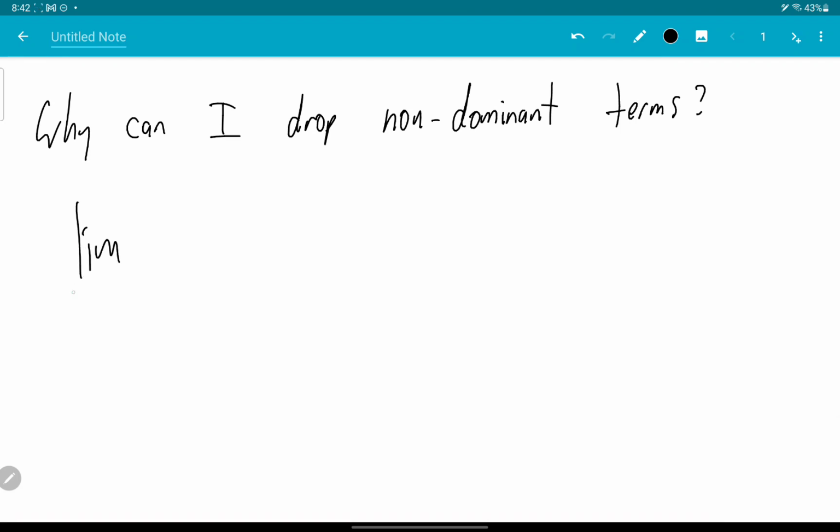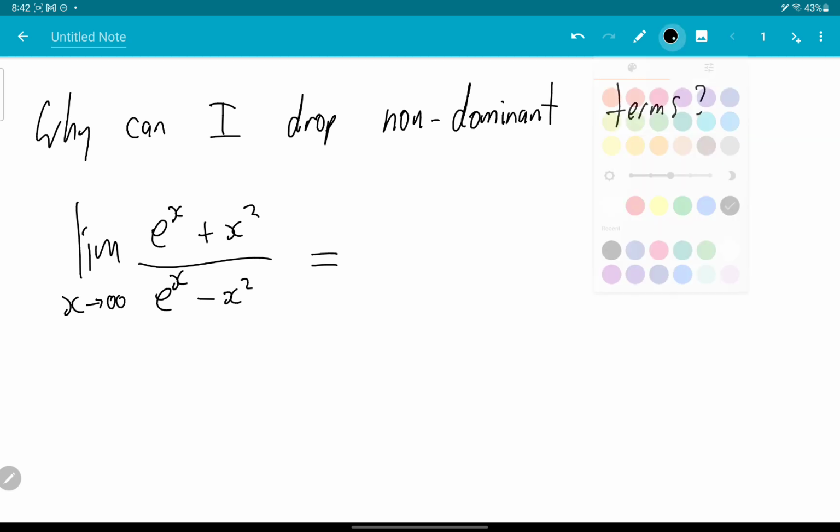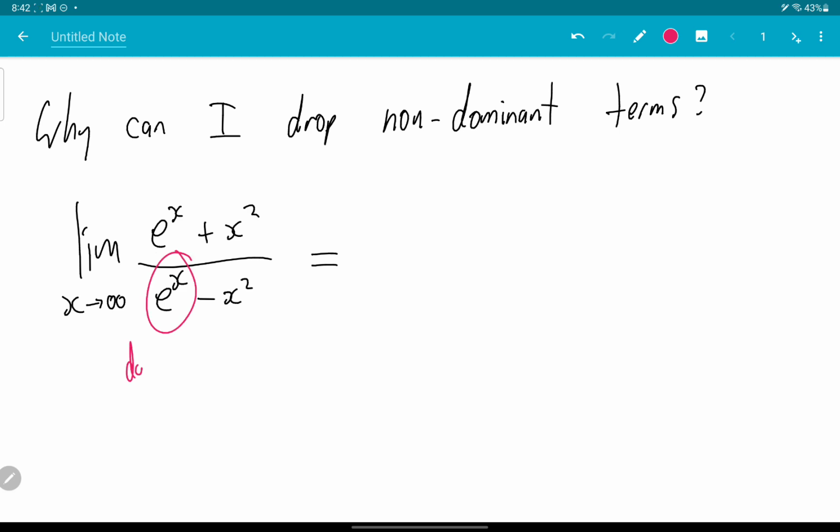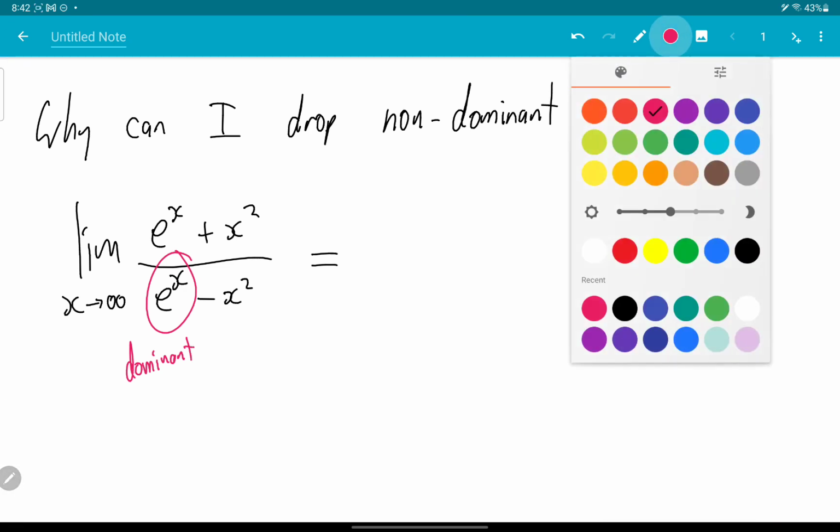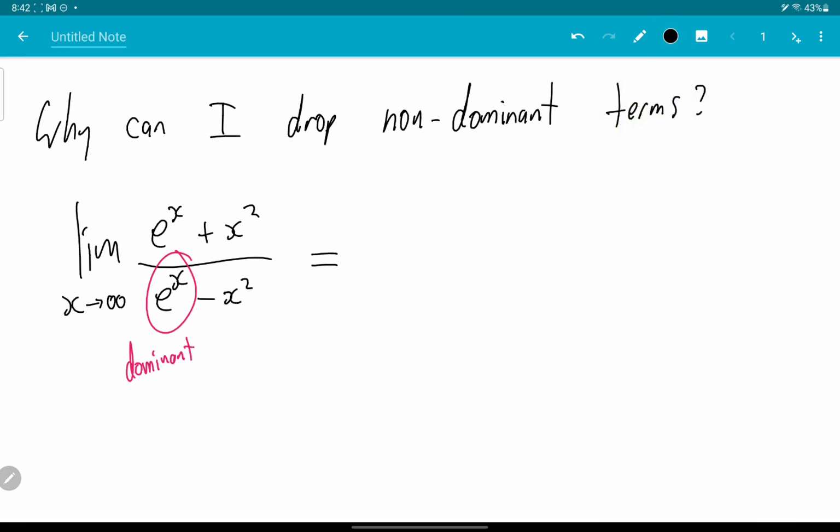Well, you could do this the long way. If I were doing, say, that first limit, what I would do is identify the dominant term downstairs. So what I'm going to do here is show you a bit more systematically why the non-dominant terms don't matter.